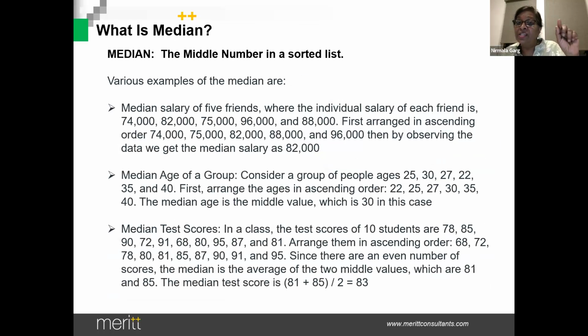N is the count of items. But today you don't have to know about it because it's very easy. If you have something like, say, 81 and 85 in the middle, you have to add them up and then divide by 2. Then that becomes your midpoint, or the median.